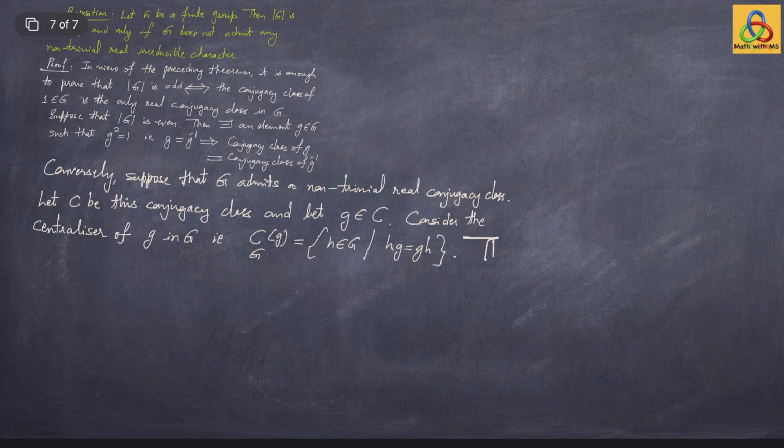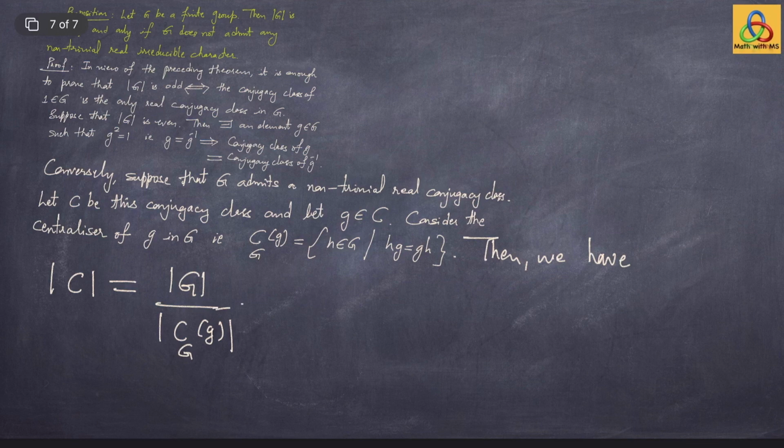Then if we consider the action of the group on itself by conjugation, applying the orbit stabilizer theorem, we have that the size of the conjugacy class of this element g is the same as the order of the group G divided by the centralizer of g in G.